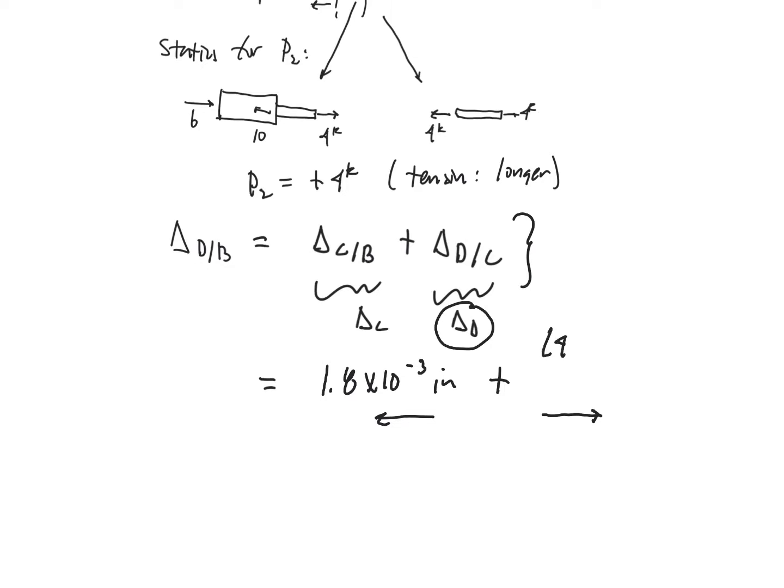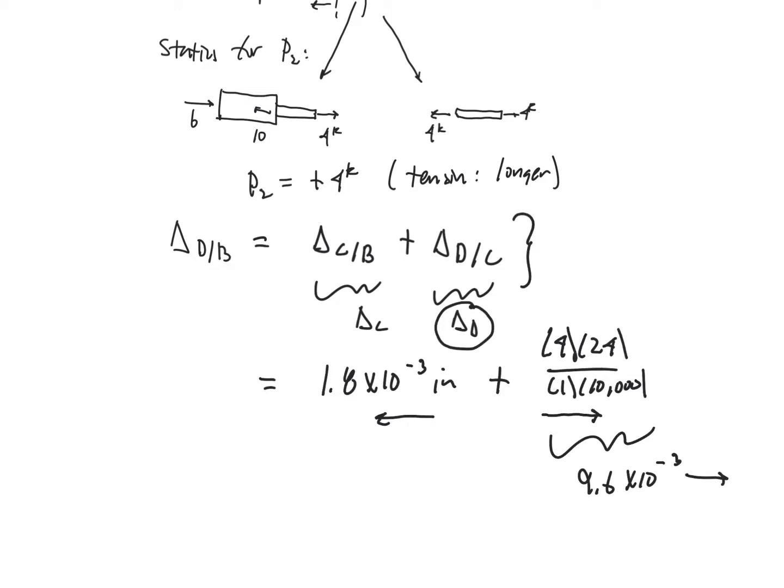So that's going to be 4 times 2 feet, that's 24 inches, all divided by its area, which is 1 square inch, times its value of E, which is 10,000 KSI. And by the way, when we do this one, that turns out to be 9.6 times 10 to the minus third to the right.